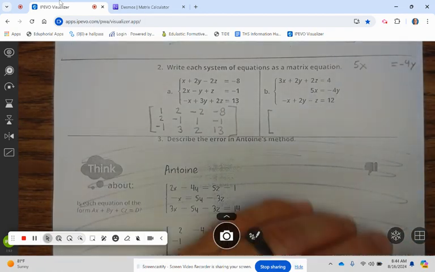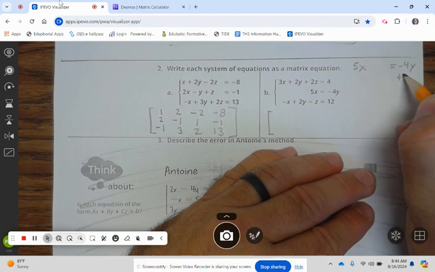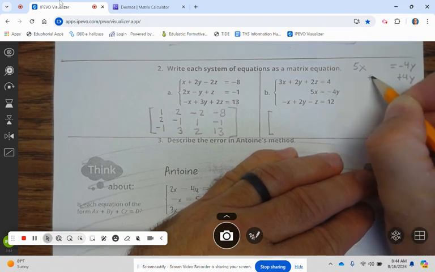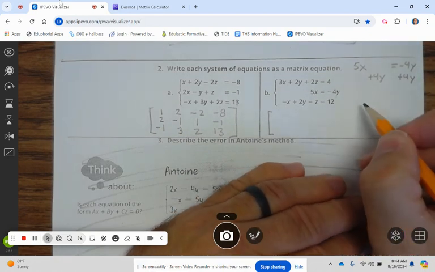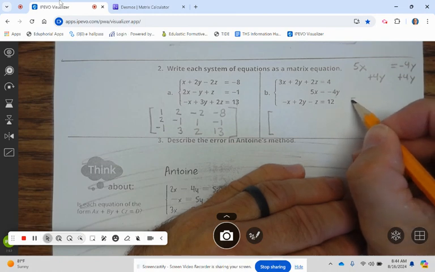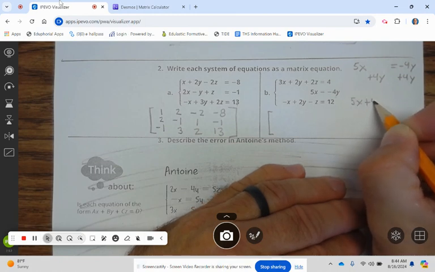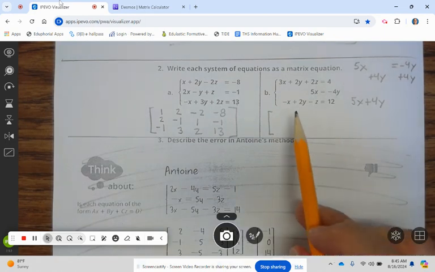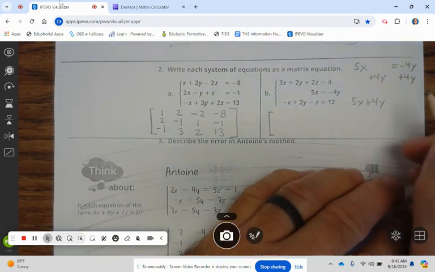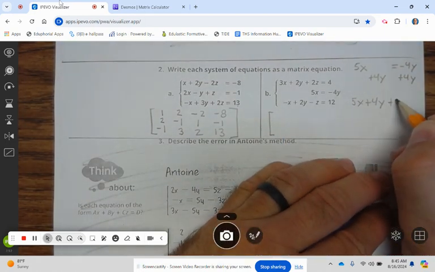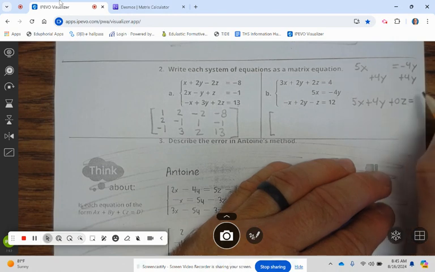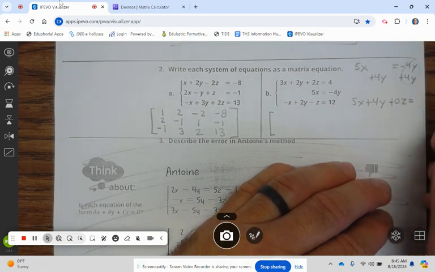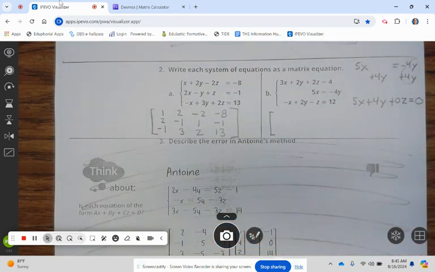We're going to add 4y to both sides. And so we have 5x plus 4y. Now, it should go x, y, z. We don't have a z, so I'm going to put plus 0z equals, and then this becomes 0, so equals 0.